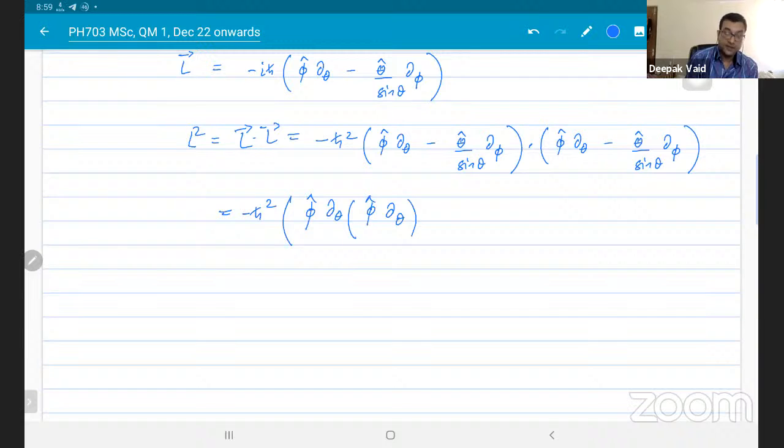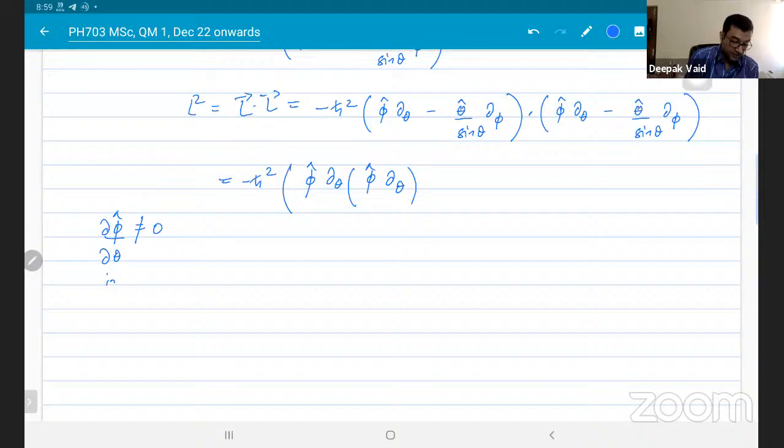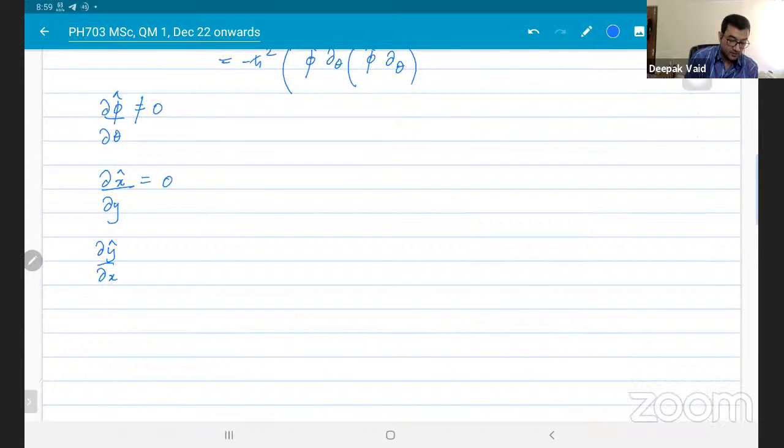Here I was in a big rush to complete this, so I just assumed that this is 0, del theta of del phi hat, del theta, but this is not 0. Unlike the case for Cartesian coordinates, where you know that if you take del of x hat with respect to y, you get 0, and del of y hat with respect to x, you get 0, and the same for all the other terms.